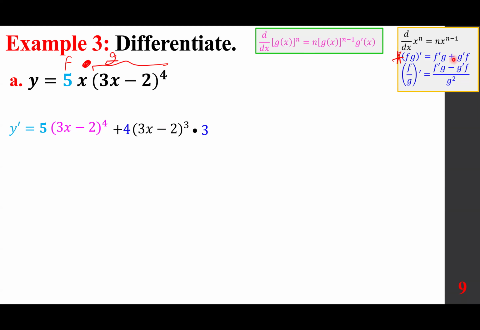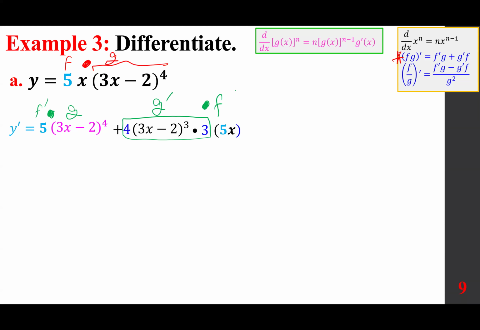Go back to your product rule, g prime f, 5x, and I'm going to write on top of it so it becomes clear what we just did. This means f prime g plus g prime f. Okay, and we're done right here.